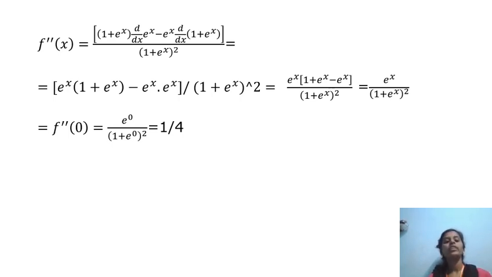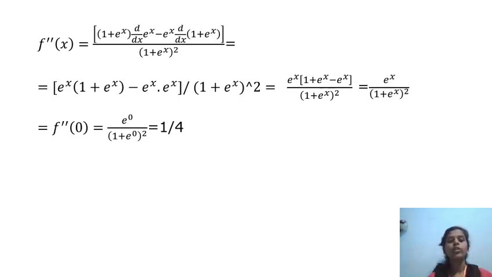Then we take common e power x. We get e power x into 1 plus e power x minus e power x divided by 1 plus e power x whole square, where plus e power x and minus e power x get cancelled. We get e power x divided by 1 plus e power x whole square.